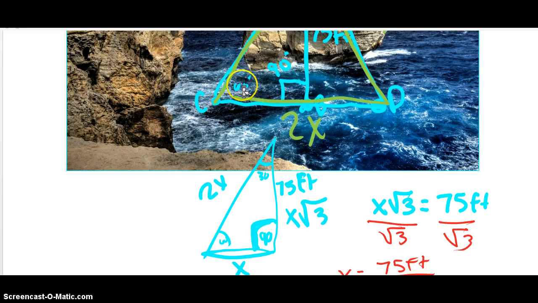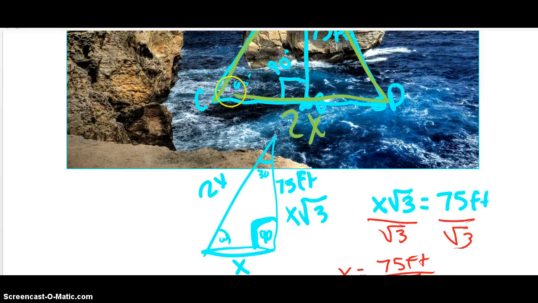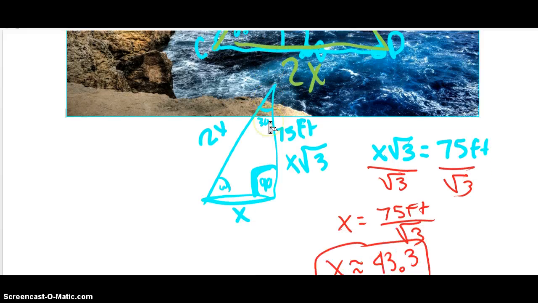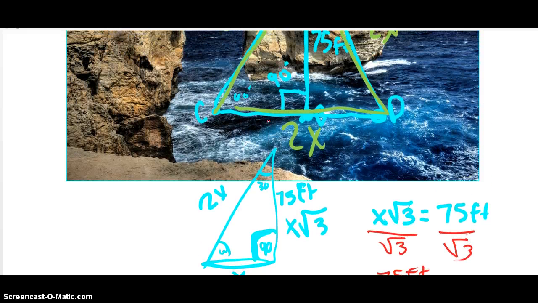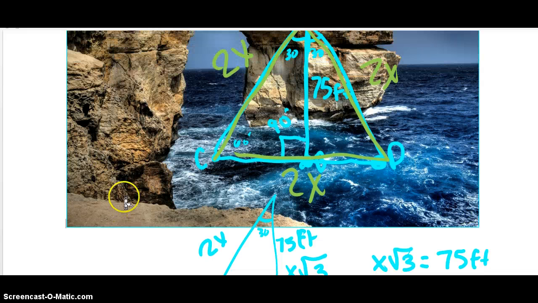If you add that together, x plus x, which is 43.3 plus 43.3, you'll get 2x. So that means that they landed 86.6 feet from each other. And so that's how you do that problem.